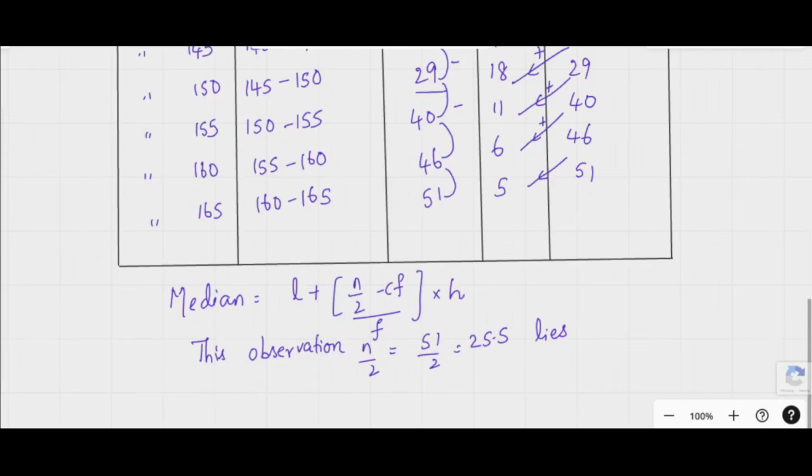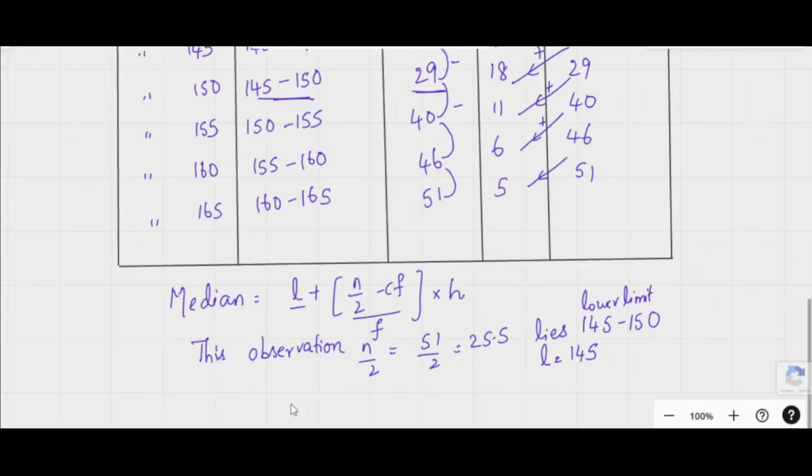Yes, this one. So 145 to 150. Done. So here what is the lower limit? The lower limit is 145. We got our lower limit, L equals 145.